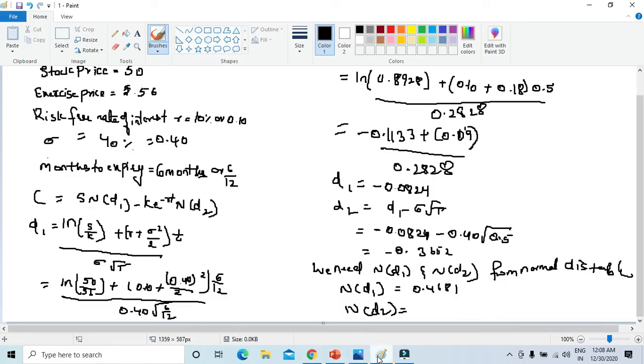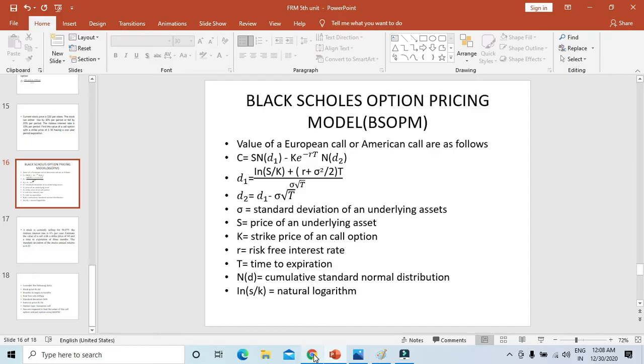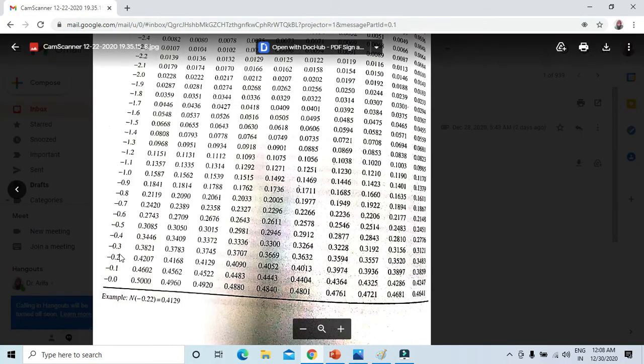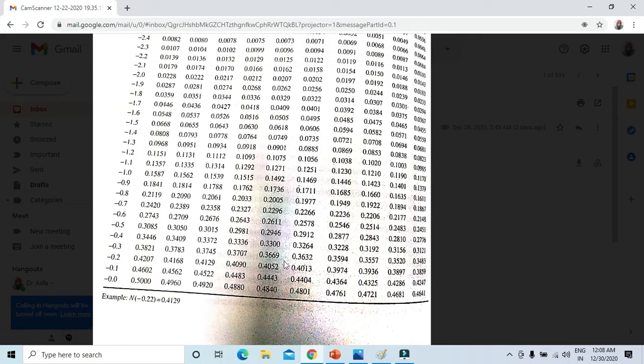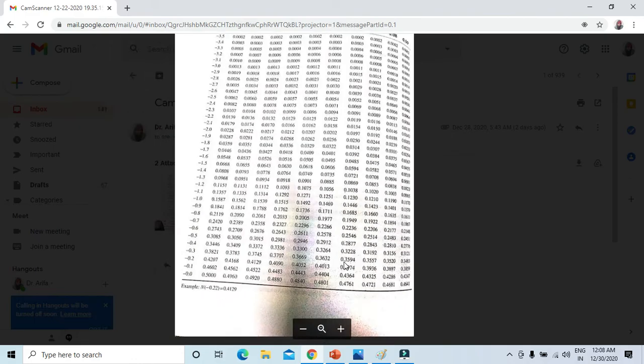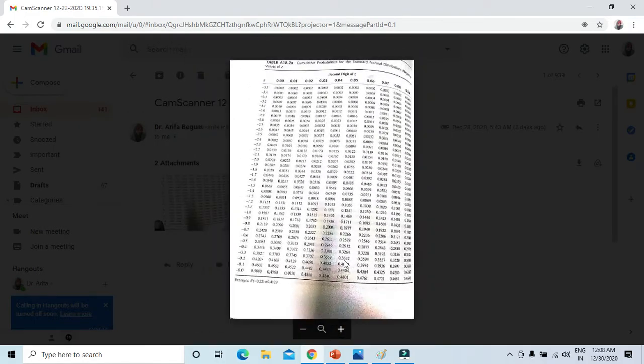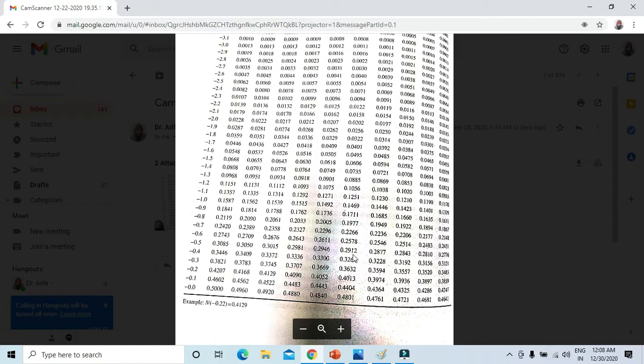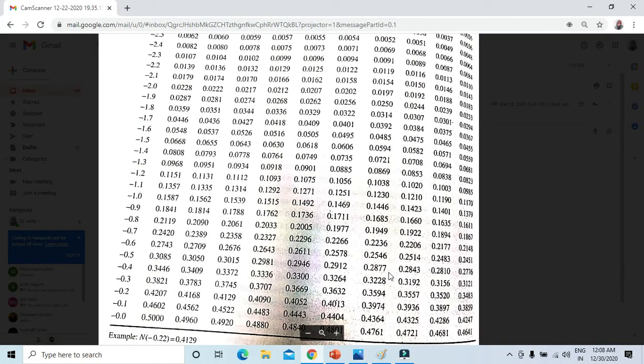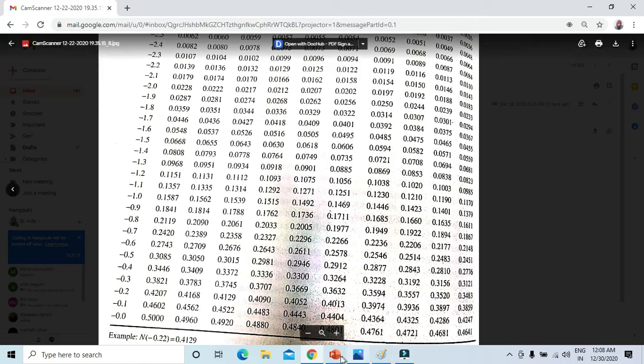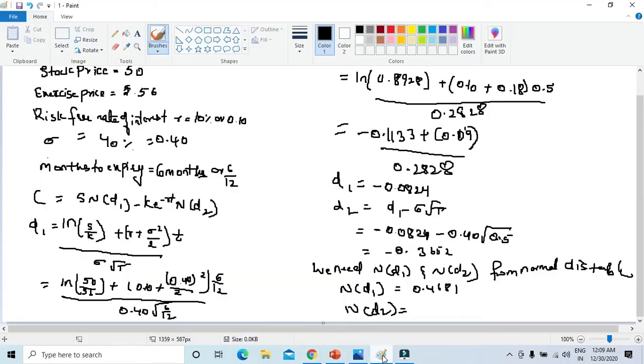So let's check out in there also. 0.3 under 6, it is 3594.